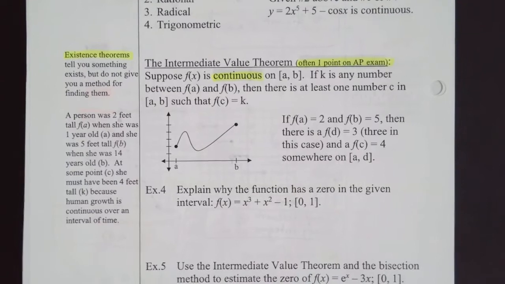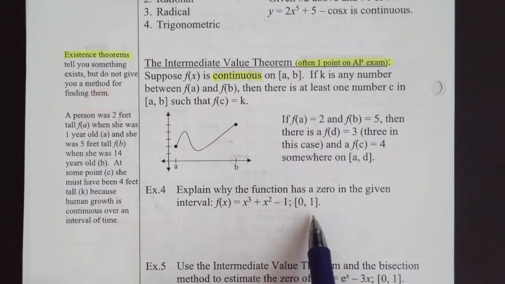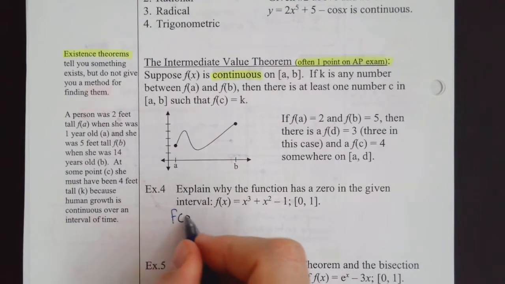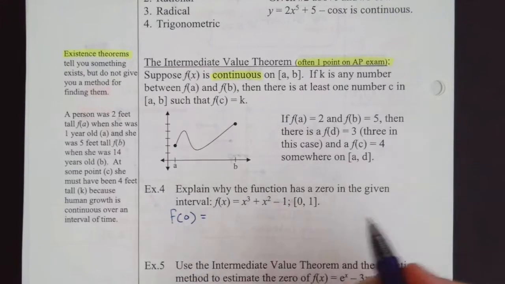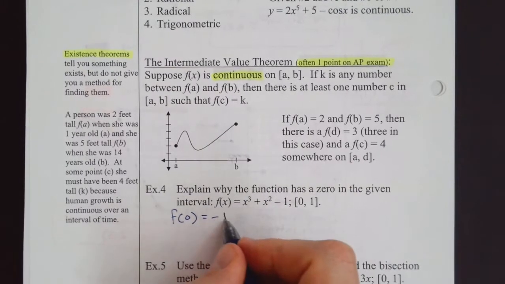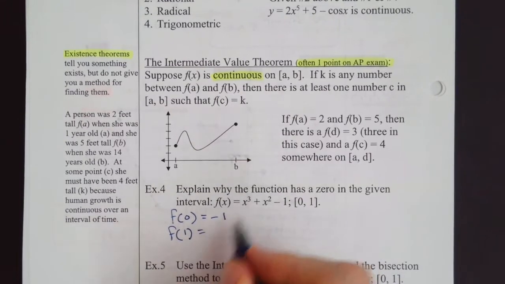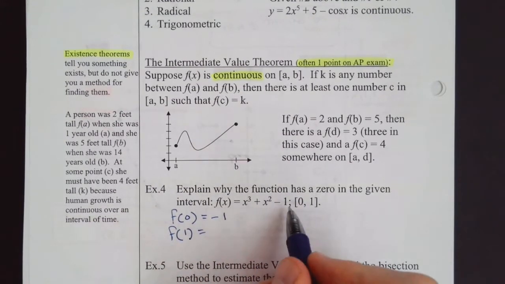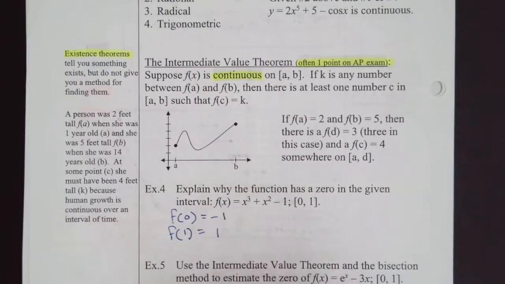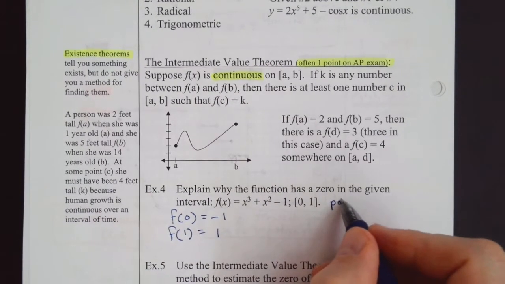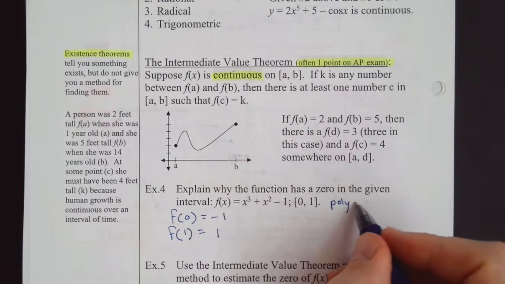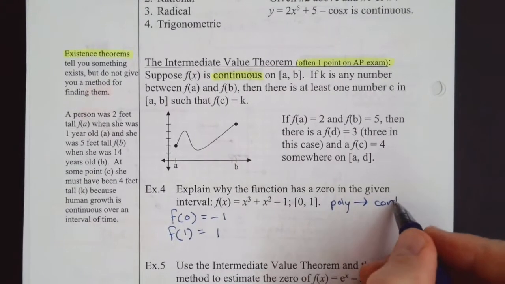So hopefully that makes sense. All right. Explain why the function has a 0 in this given interval. So what you can do here is test f of 0, so f of 0 is -1. And then f of 1, that would be 1 plus 1 minus 1, that's 1. So, first of all, you need to say that it's a polynomial, and since it's a polynomial, it's continuous.